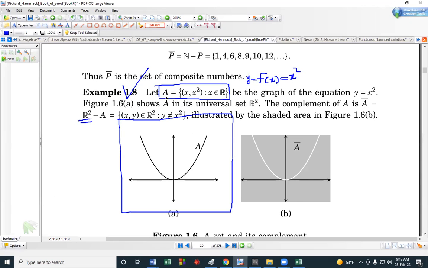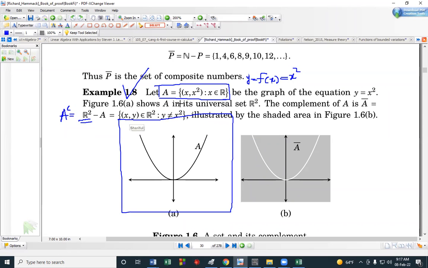If we take the complement of A, the elements that are not in A, we exclude all elements of A from the universal set.